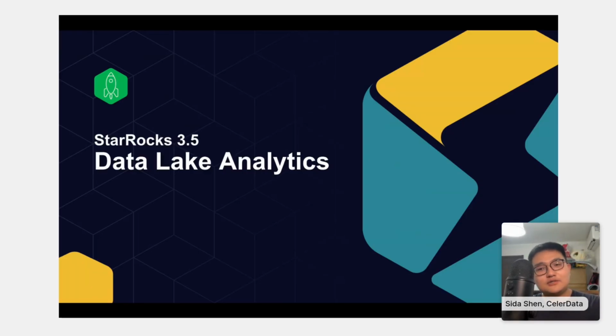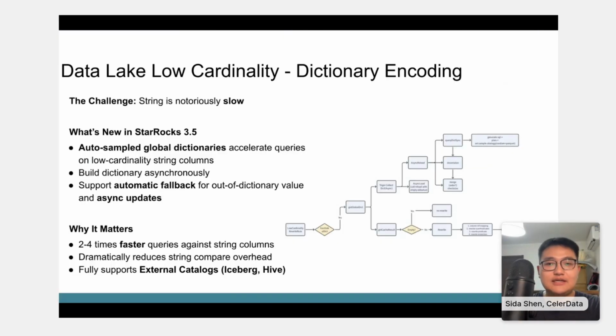And then let's talk about data lake analytics. So low cardinality optimization, right? The challenge is basically strings are notoriously slow to read, right? They're big, they're incredibly difficult to compress, and it's very difficult to push down. If you have high cardinality string fields, there's really nothing much we can do.